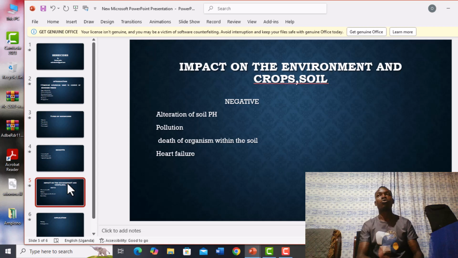You can apply acidic herbicide to the soil, and if the soil pH at that moment was alkaline, it can change it to acidic, and this acidic pH cannot allow other nutrients to be readily available. It can also cause precipitation of some nutrients that can make them unavailable.